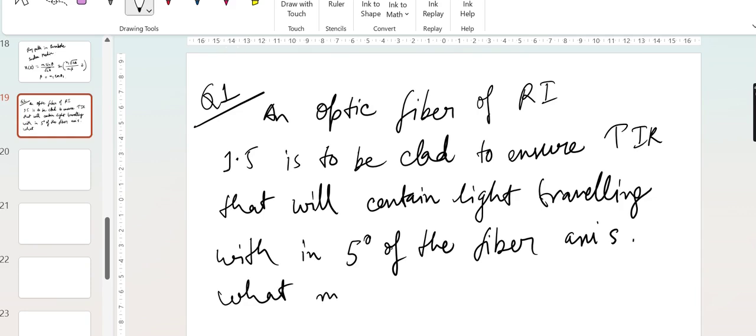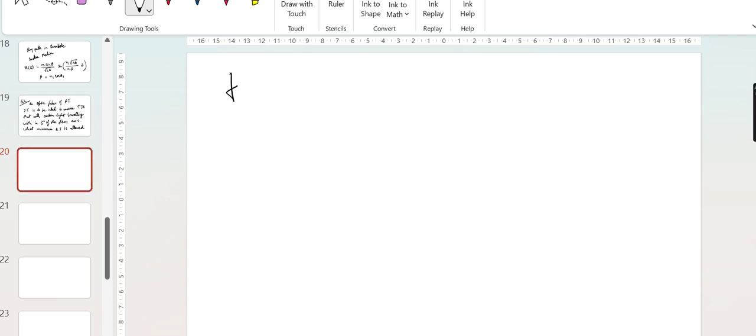What minimum RI is allowed for the cladding?